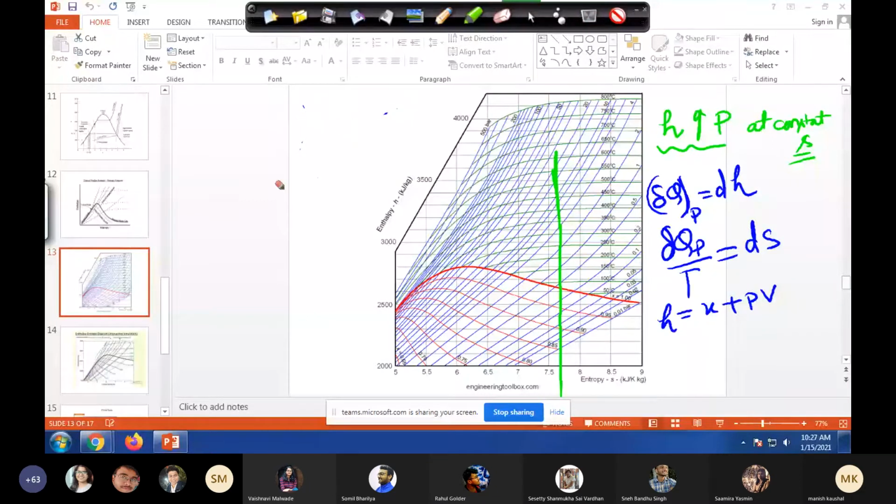If entropy is constant, can we comment something?